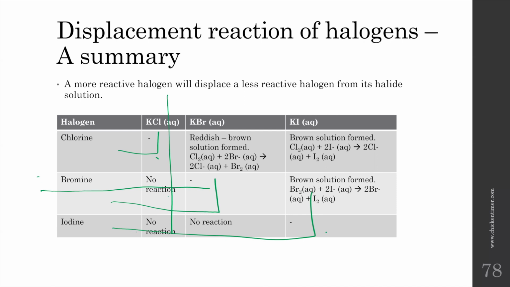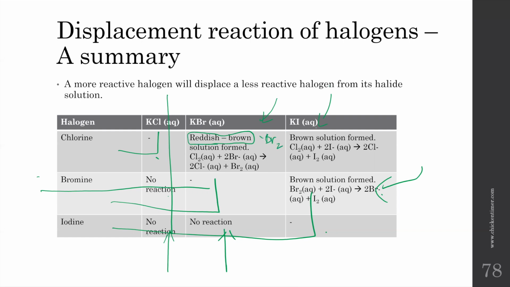Iodine with chloride and iodine with bromide have no reaction because iodine is lower than chlorine and bromine. So the reaction will be only these three. Chlorine and potassium bromide means chlorine will displace bromine. This reddish brown substance is the bromine liquid.